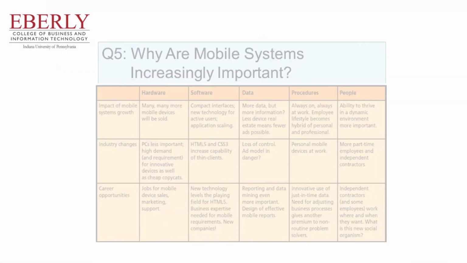The younger the age group, the greater the percentage of people with mobile devices. Younger people have more devices per capita than older groups. This young cohort will further increase mobile system use in the years to come.